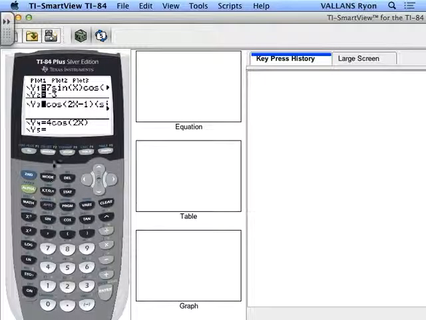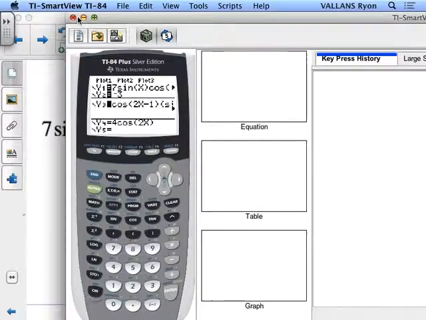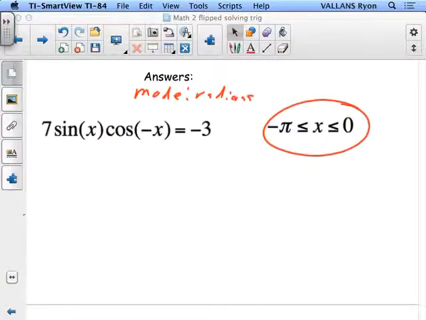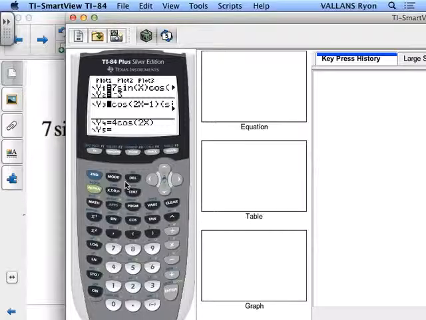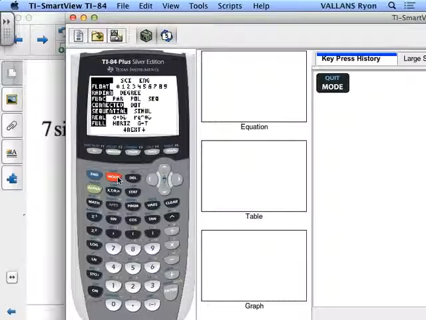Second, quit. Oh, calculator's frozen again. Okay, mode works this time. If you go down, you make sure that radians is highlighted. You can hit enter if you want to on that one. Then you can get out of there.